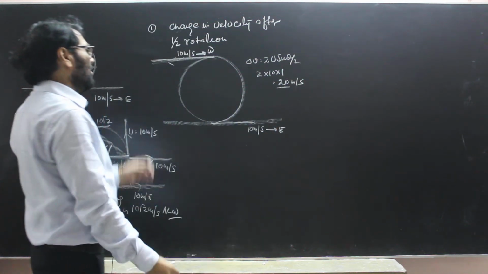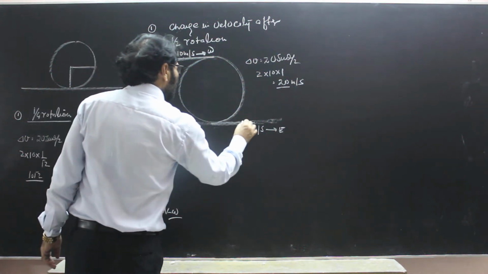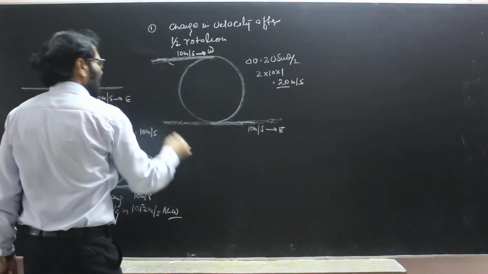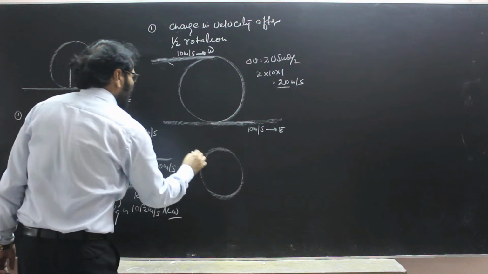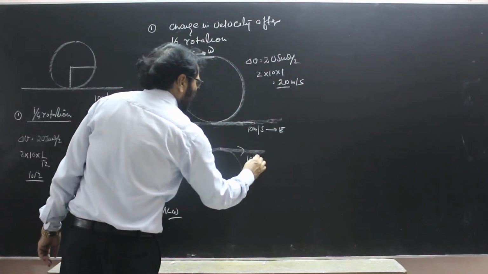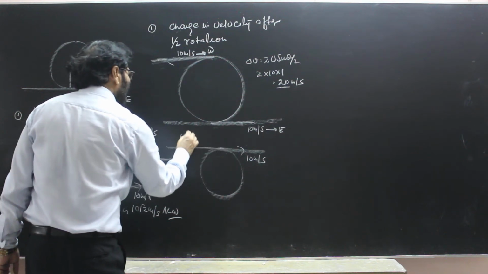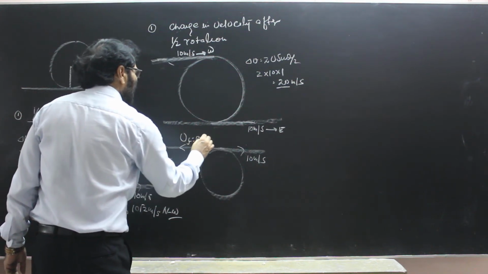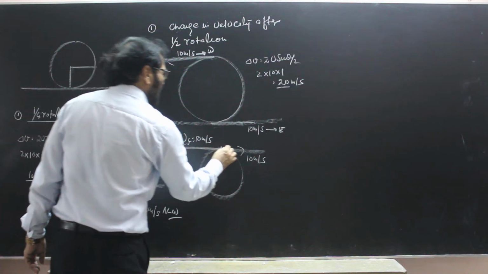If you want to calculate the direction also, then this is the initial and this is the final. A vector is invariant under translation. This is the initial velocity, 10 meter per second, and this is the final velocity, Vf, again 10 meter per second. The change is final minus initial.